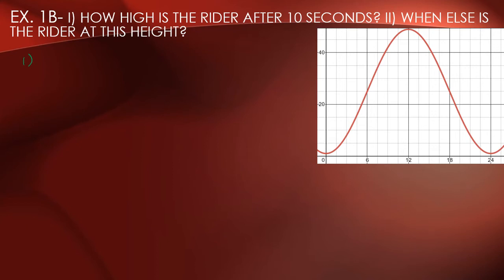So h of 10 equals 24 sine, this is just using the function we came up with, replacing t with 10, plus 25. Make sure your calculator is in degree mode, and you enter it just like you see it.